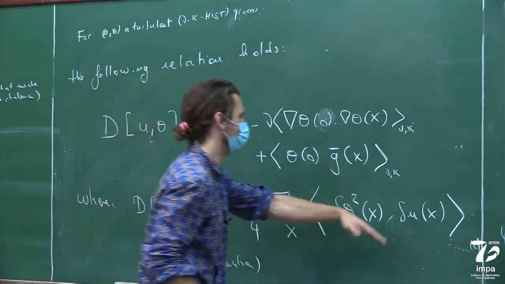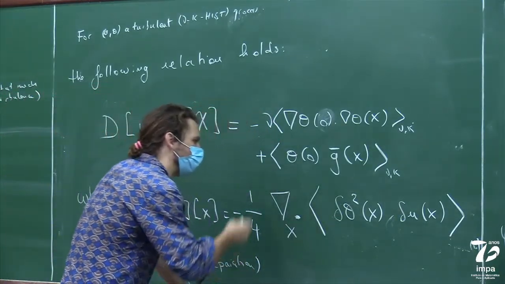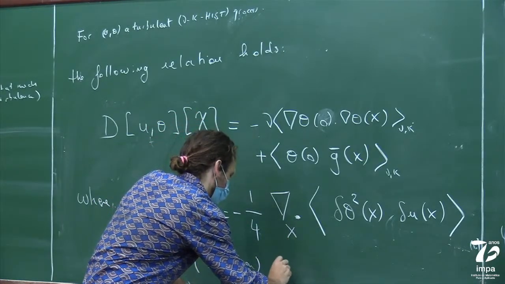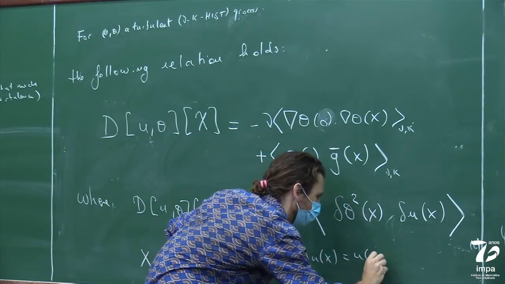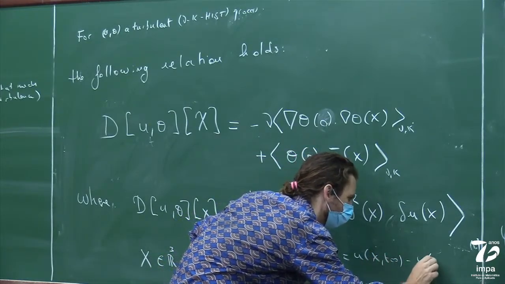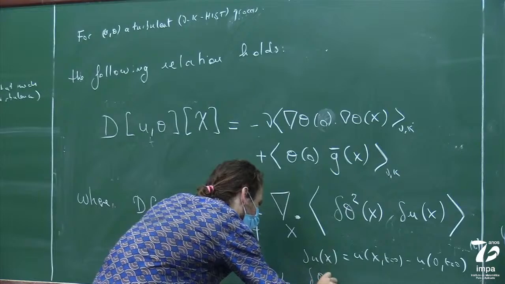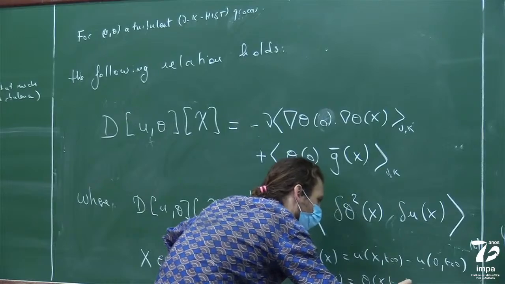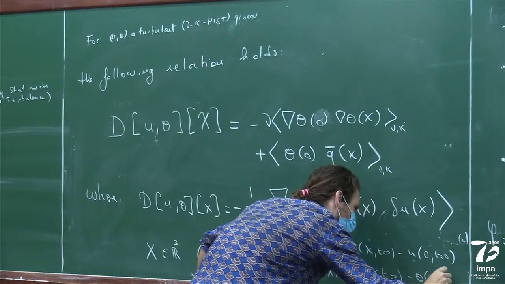And delta U and delta theta are the same quantities, analogous to quantities we defined the past week, in the sense that delta U of X is U of X at time t equals 0, say, minus U of 0 at time t equals 0. And delta theta of X is theta of X at t equals 0 minus theta of 0 at t equals 0.